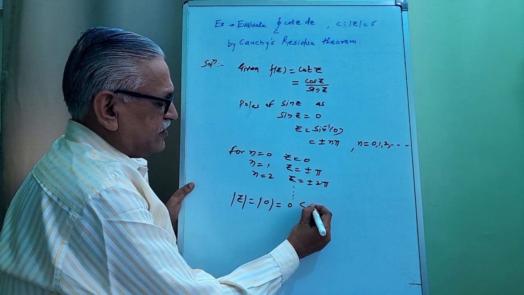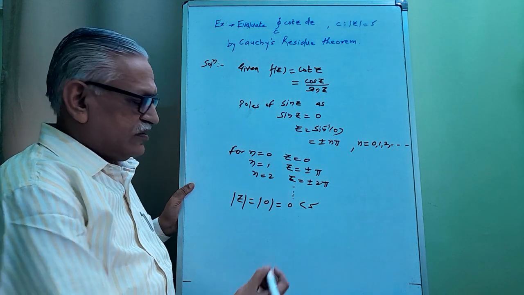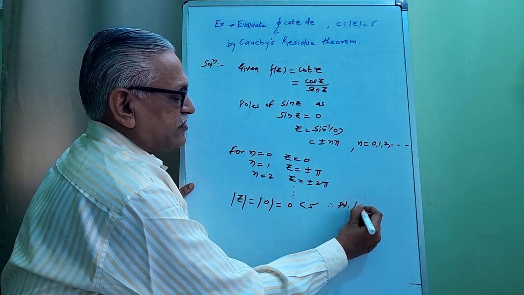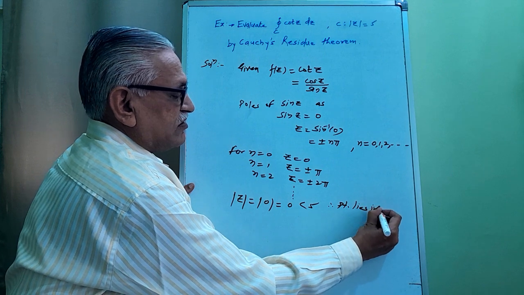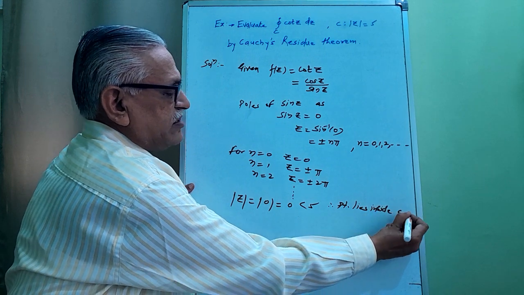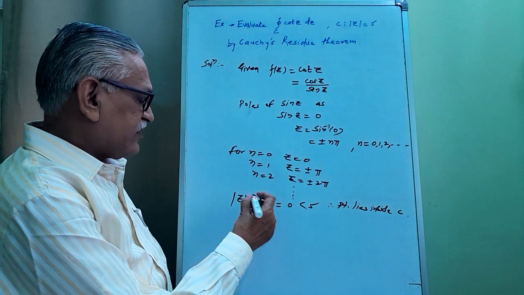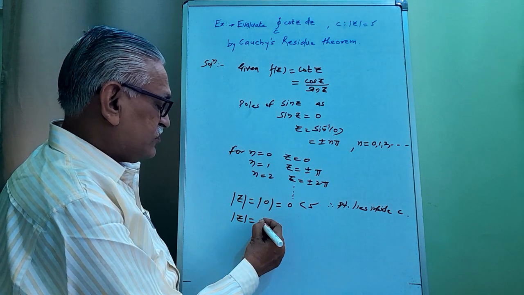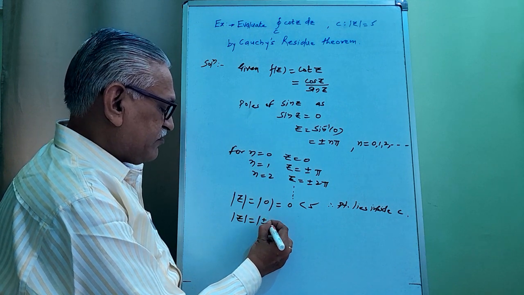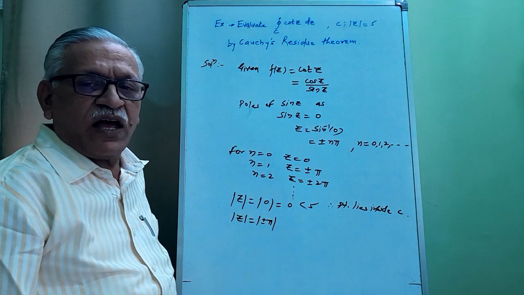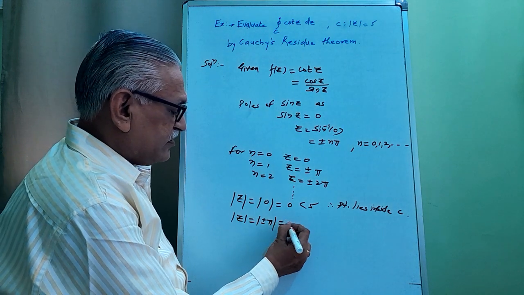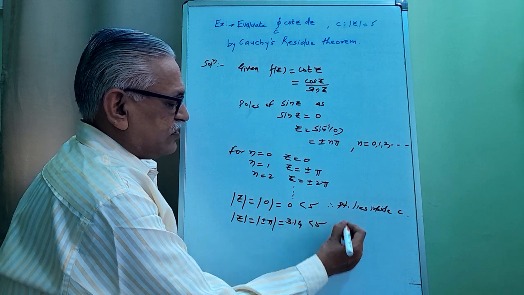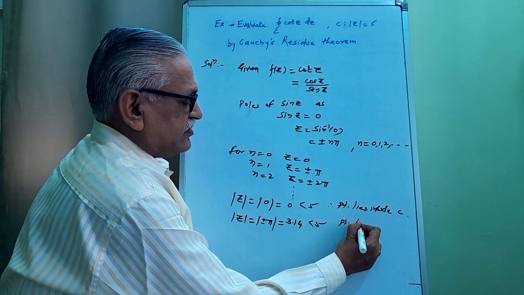That is less than 5, so the point lies inside curve C. Next, mod of z at z equal to plus minus pi. The absolute value of plus minus pi is 3.14, again less than 5. Therefore, the point lies inside curve C.